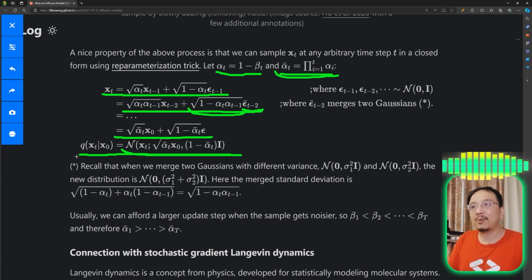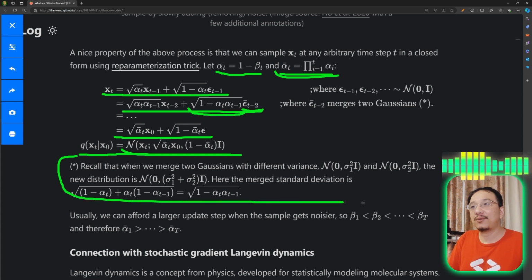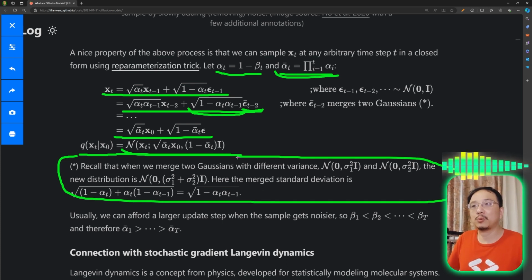If you are not familiar with Gaussian random variables, this remark gives you the formula of how we add two Gaussian variables together. And if you are curious about it and want to really understand it, one way to do that is to simply try to calculate the variance.